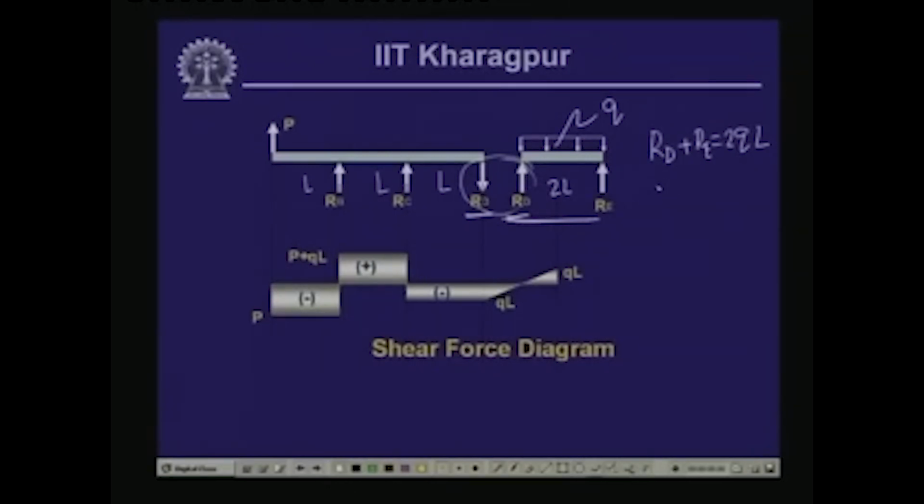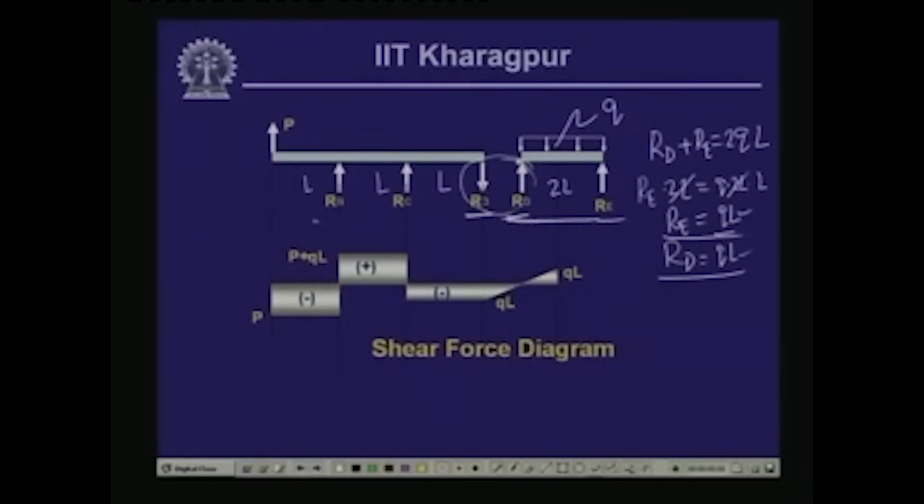Now, if we take the moment of RE with respect to this point, then RE into 2L is equal to, this is anticlockwise and this is clockwise, Q into 2L into L. So, 2L gets cancelled. So, RE is equal to QL, and thereby RD is equal to QL. So, the values of the reactive forces RE and RD are equal to QL.